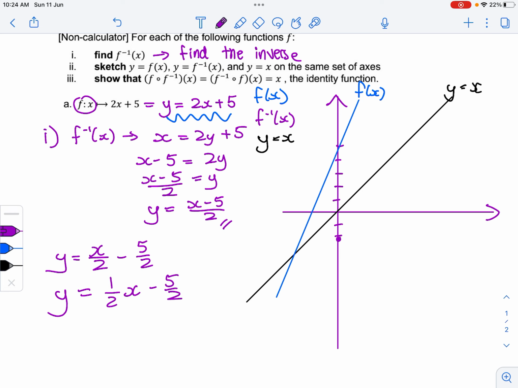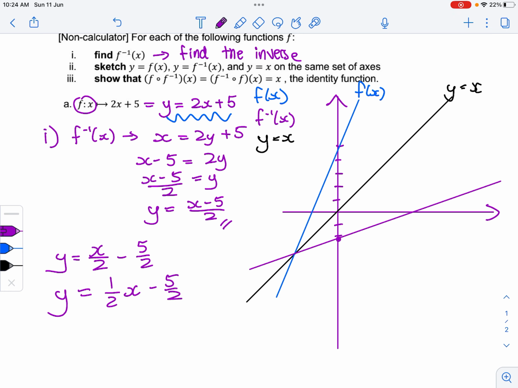This is just approximate, so you don't have to worry too much about graphing the exact points because it's just sketching. You don't have to plot the points in. And again, the slope is 1 over 2, which should be less steep than y equals x. So it should look something like this.